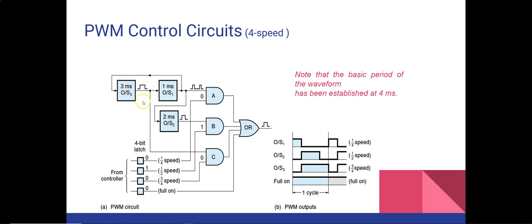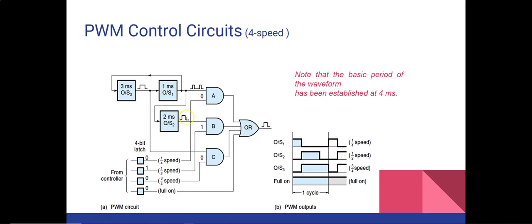This will continue. So at the output of S1, you will get pulses that are high for 1 millisecond and low for 3 milliseconds, which you can see over here. The total cycle is 4 milliseconds, with 1 millisecond high and the rest off.